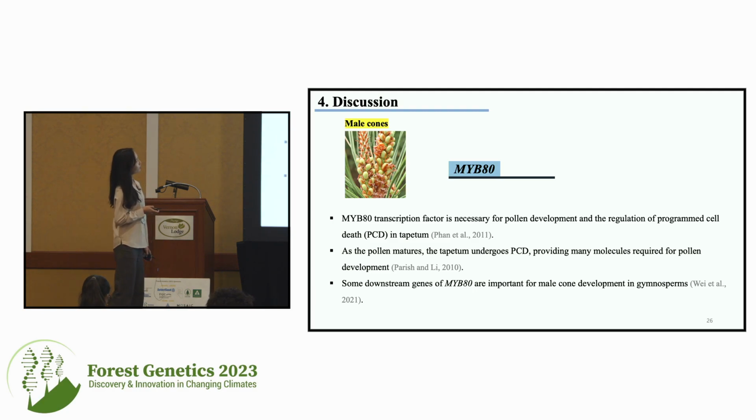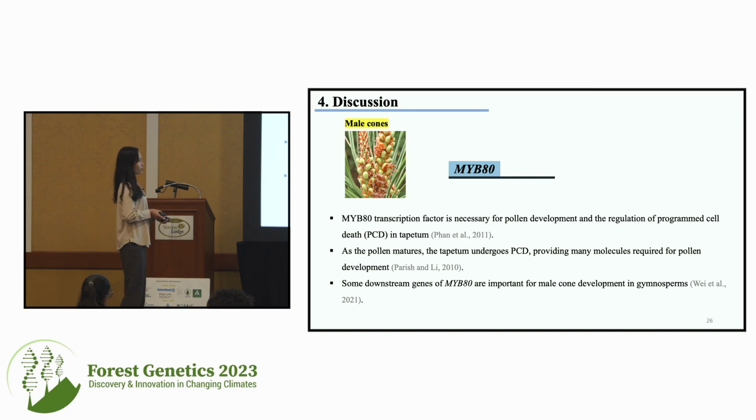In male cone development, MIB domain protein 80 was the hub gene. And this transcription factor is necessary for pollen development and the regulation of programmed cell death in tapetum in Arabidopsis species. Tapetum is the inner cell layer that's around developing microspores within the anther and is necessary for supplying nutrients and structural components.